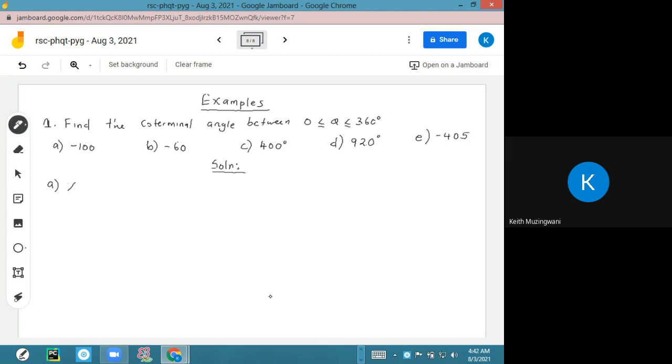Since our theta is -100, we must add 360. And what we'll get is 260. This falls in the interval 0 to 360. So we have found the coterminal angle of -100.